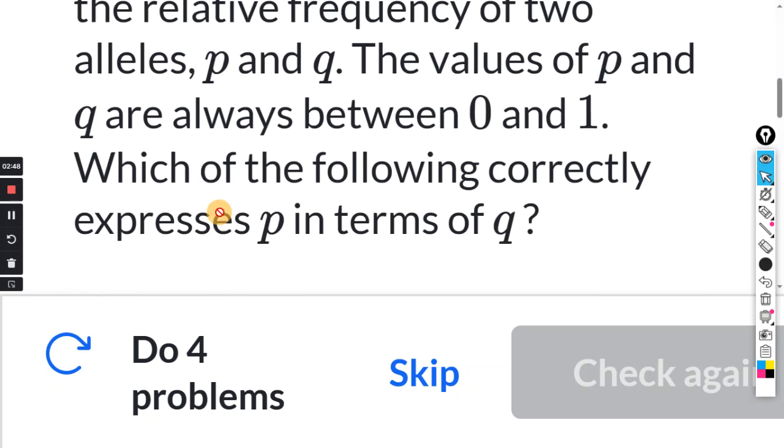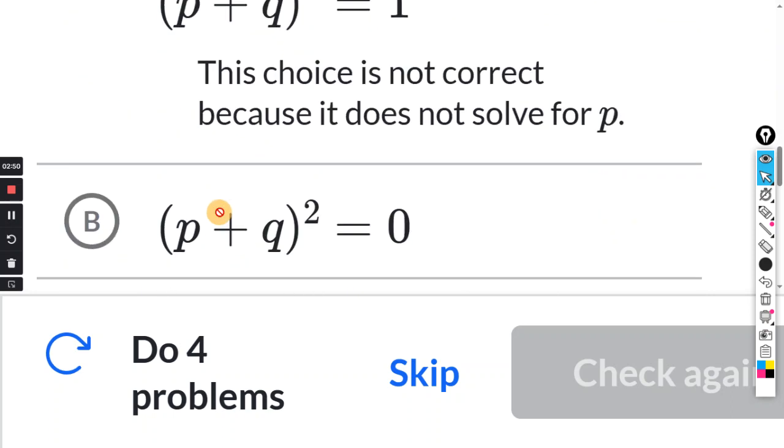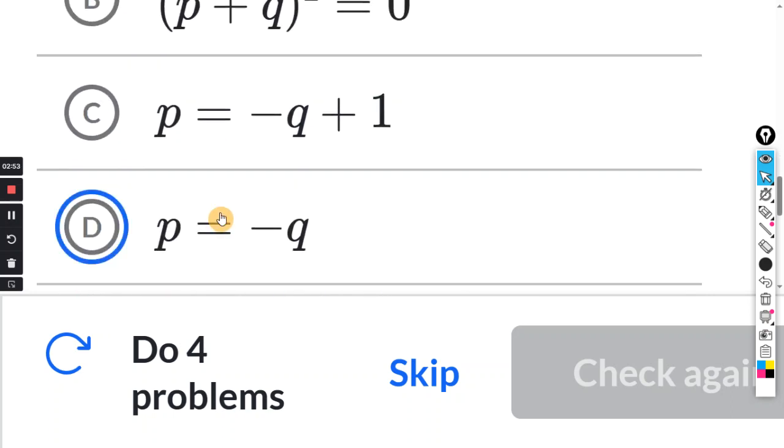Instead of going through all that nonsense, I'm going to try to sub in negative Q in place of P. If negative Q in place of P doesn't work, then I know it's answer C because it is the only other one that has P equals. So let's try to plug in negative Q in place of P.